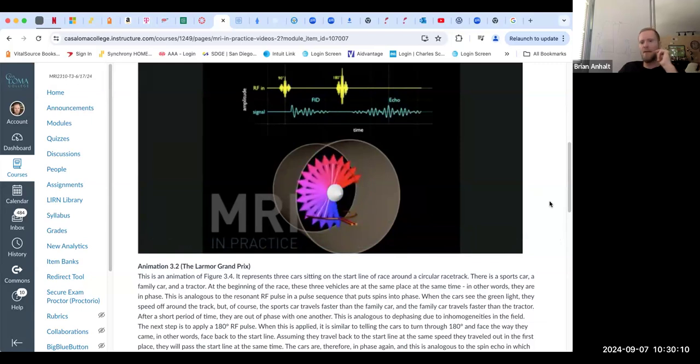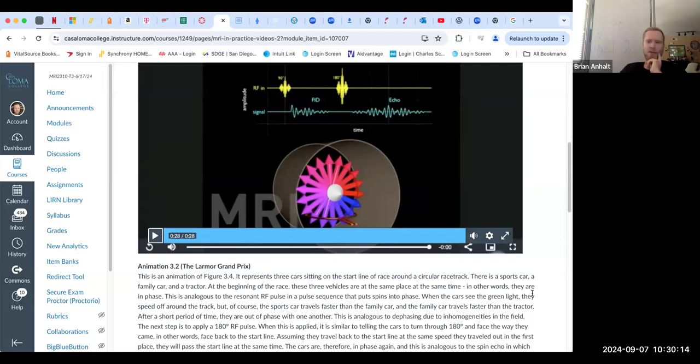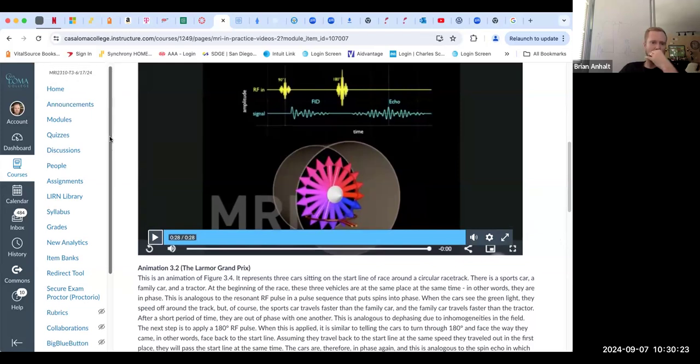This model is not perfect either because it shows them come back in phase completely, which they don't. But you can find all of these in Canvas under videos in Module 4.